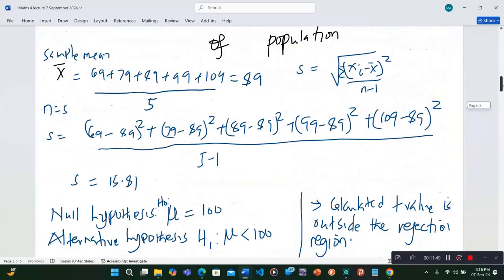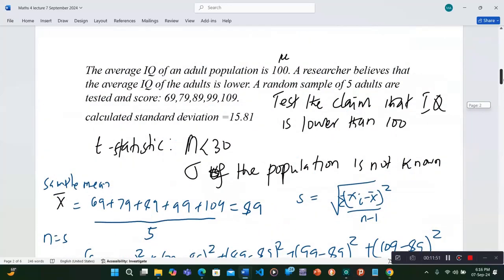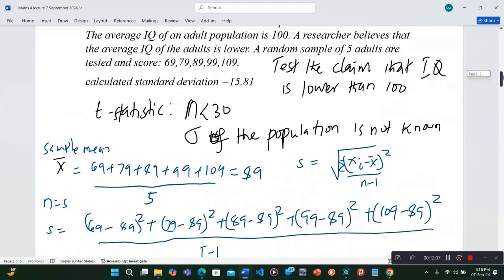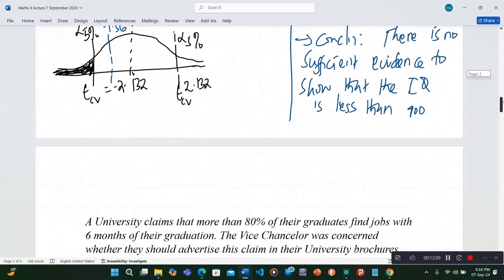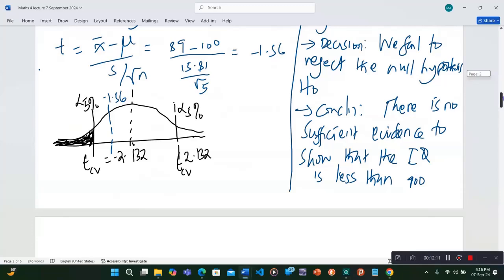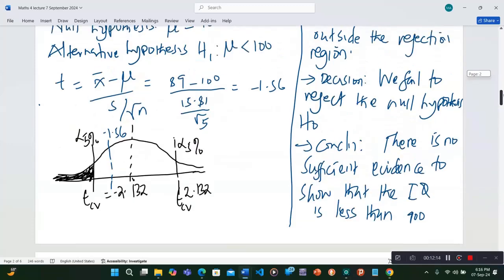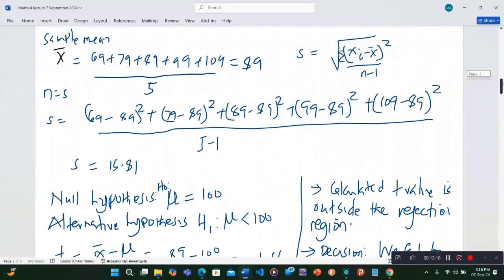So when you look at this problem, it wanted us to test the claim. The hypothesis test is showing us that we cannot reject the null hypothesis.